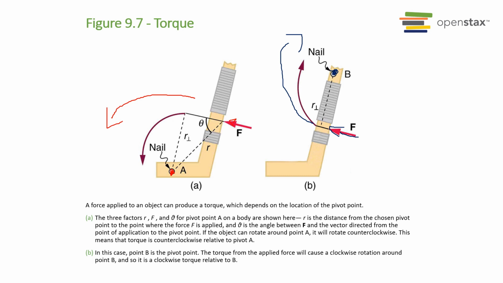So clearly, there is a difference in behavior for the same force depending on where the rotation axis is located and the distance from the rotation axis. And thirdly, we have angle information that must be taken into account.